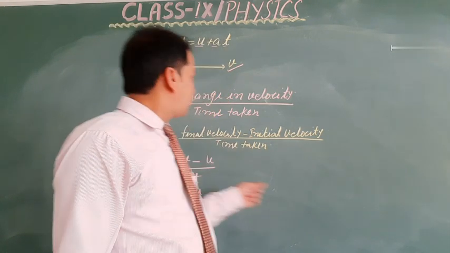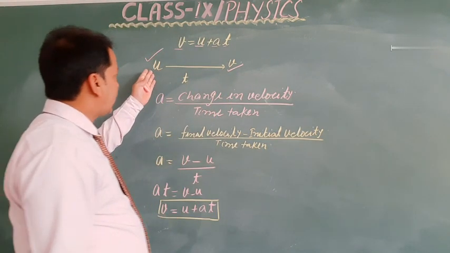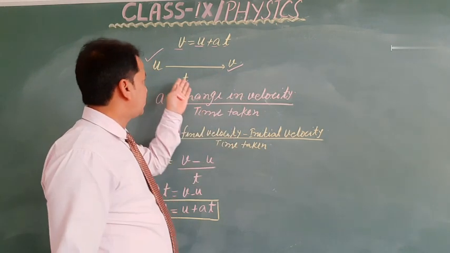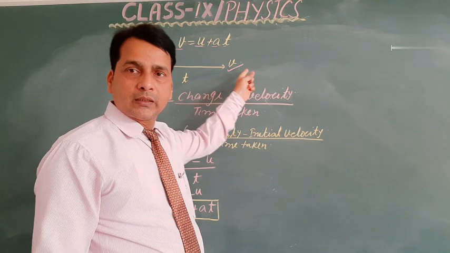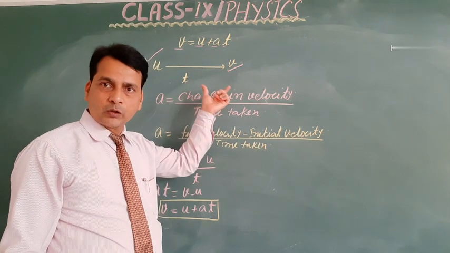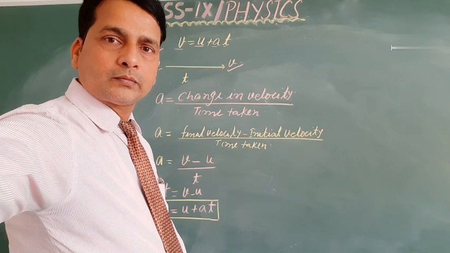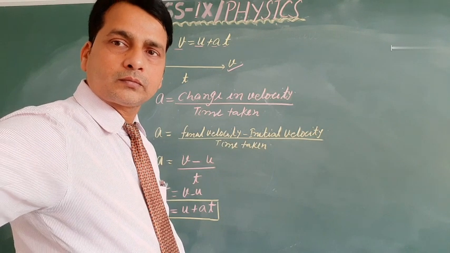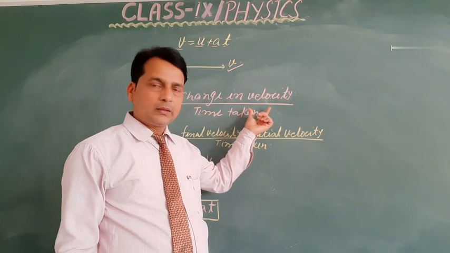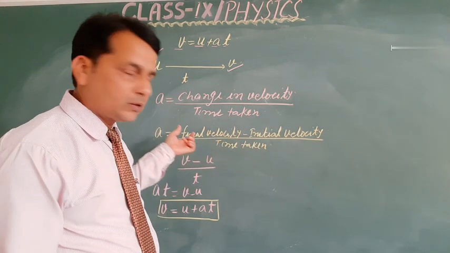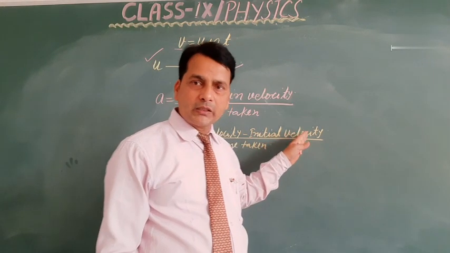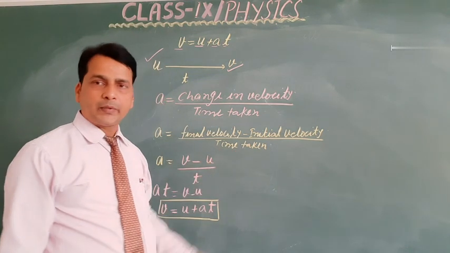The moving object has initial velocity u. After time t the velocity will change to the final velocity v. So acceleration will be produced. Acceleration equals change in velocity by time taken, that is final velocity minus initial velocity by time taken.